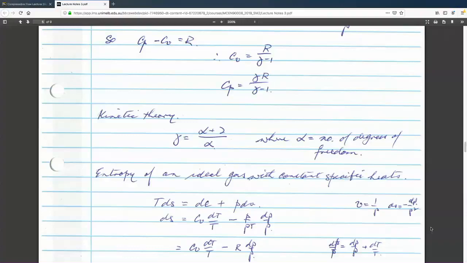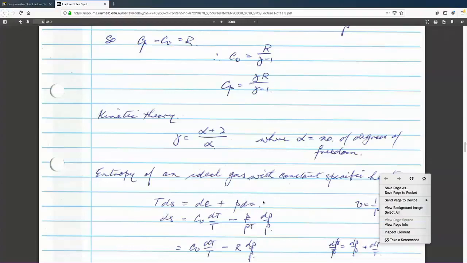So I should be able to work it out, right? So I write down the first law. TdS is dE plus PdV, because now S is a variable of state, I can work it out. dS is Cv dT, instead of dE, I'm writing Cv dT, and then dividing by T.